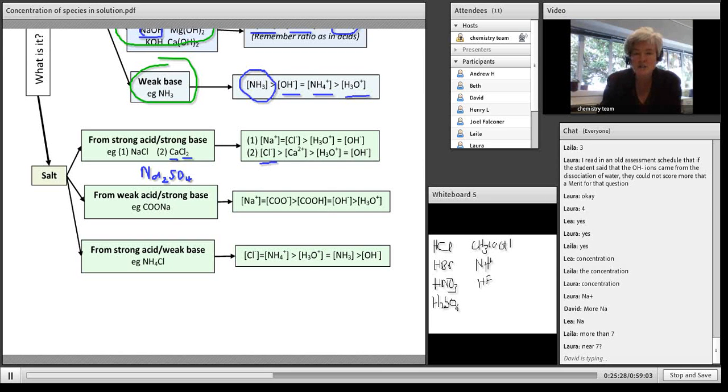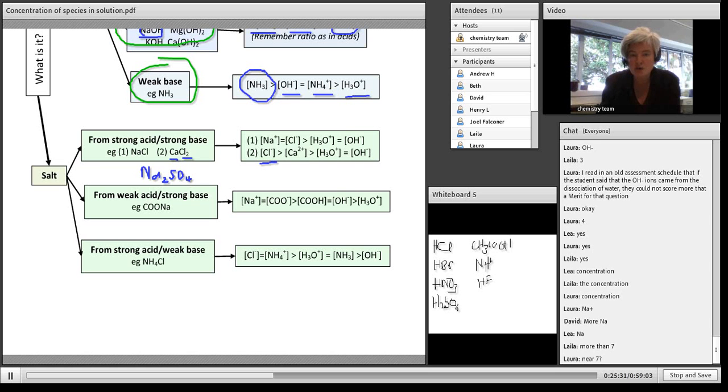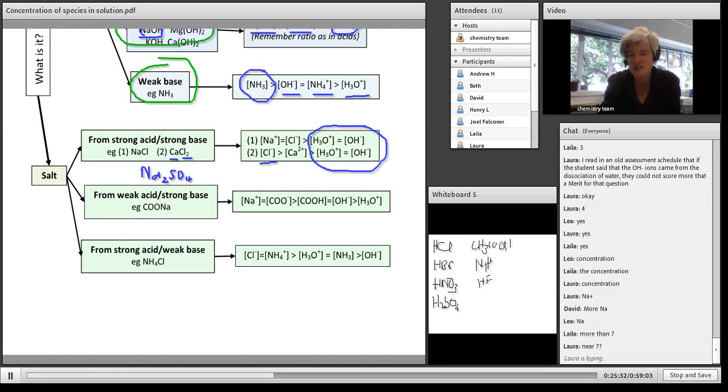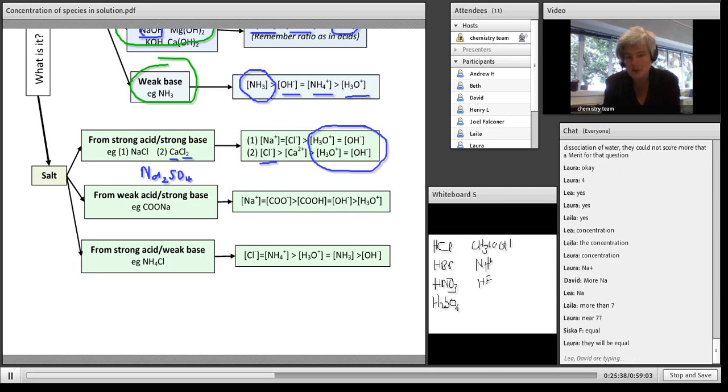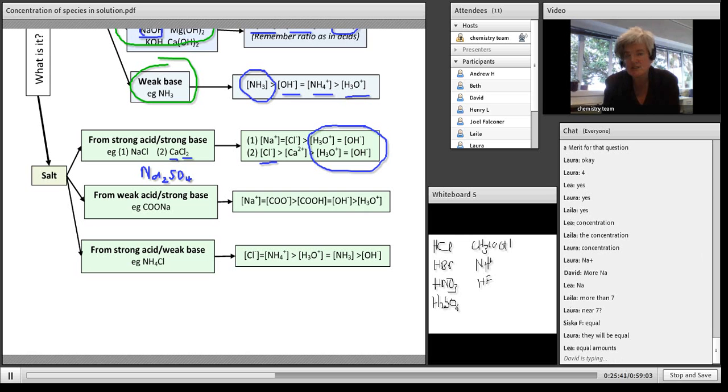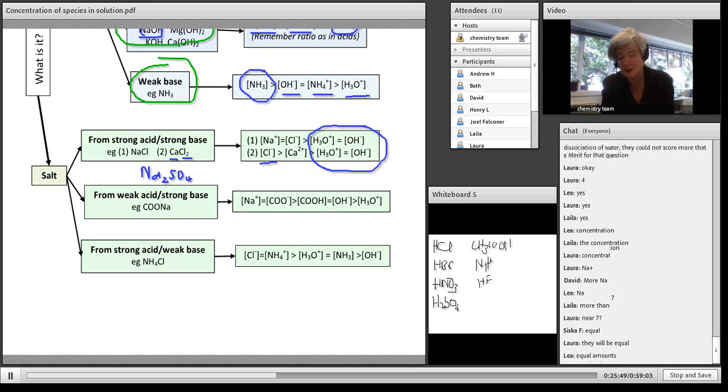And so what can you tell me about my hydronium ions and my hydroxide ions? They're going to be equal. So for a strong acid, strong base salt, you're going to have the cation and anion of the salt, and whether they're equal or not depends on the ratio. And then you're always going to have the hydronium and the hydroxide that are equal amounts.